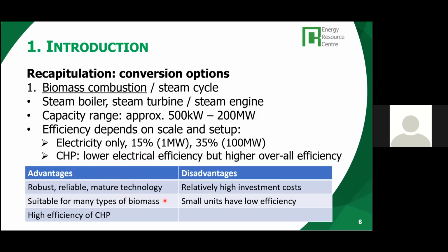It's basically combustion in boiler furnaces, and well, there's no real limit to the type of biomass that can be used. And if you produce both heat and power, you can have quite high efficiency. Specific disadvantages are the higher investment costs and the, say, somewhat lower efficiency if you look at the smaller capacity systems.